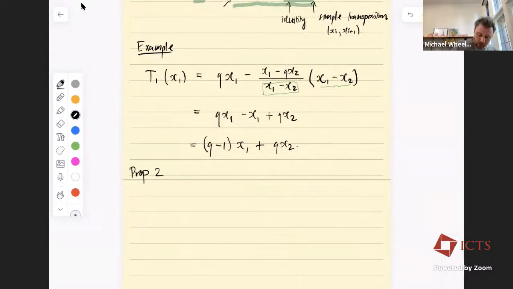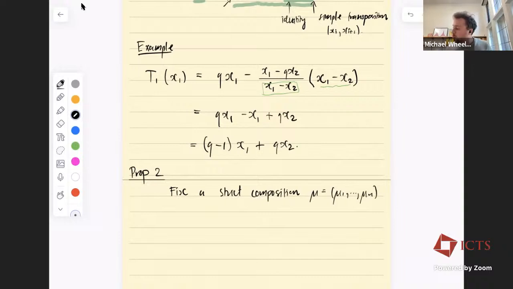So let's do now proposition number 2. So the following is true. I'll fix again a strict composition mu1 up to mu n. I'm not saying anything about the relative ordering of the parts of mu, except for one pair.